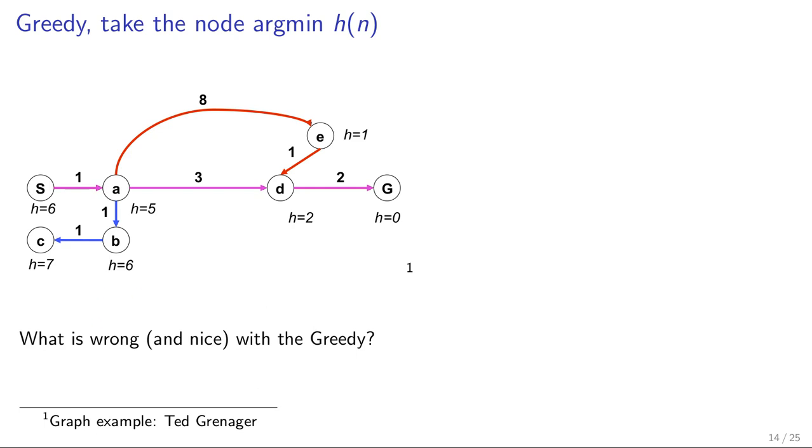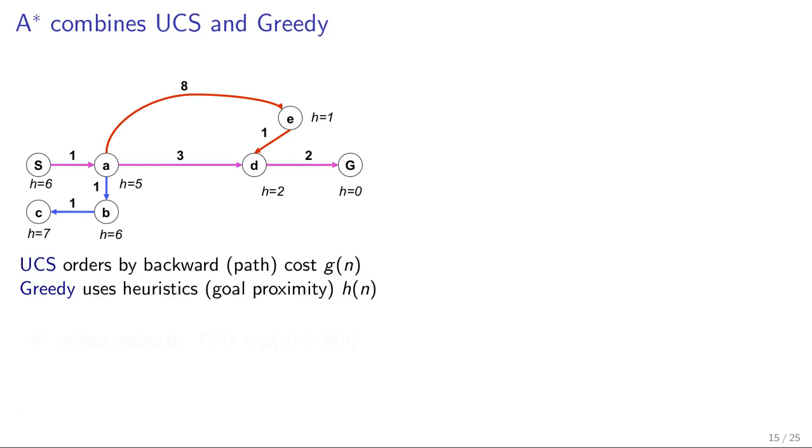And that leads to this: UCS orders only by backward cost, which we will denote g(n), and the greedy only uses h(n), which is the goal proximity. And the best thing you can do, which this famous A-star algorithm does, is combining these two.